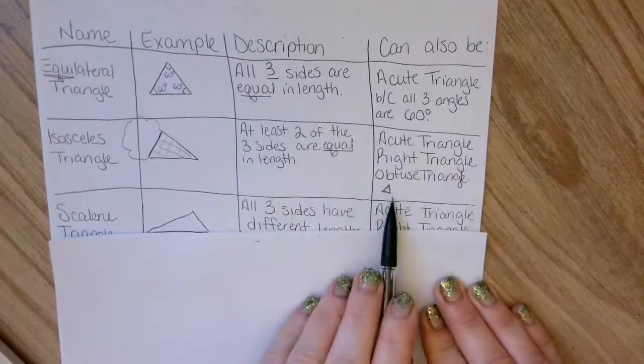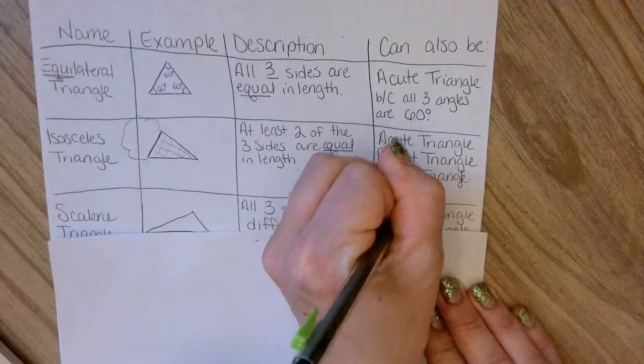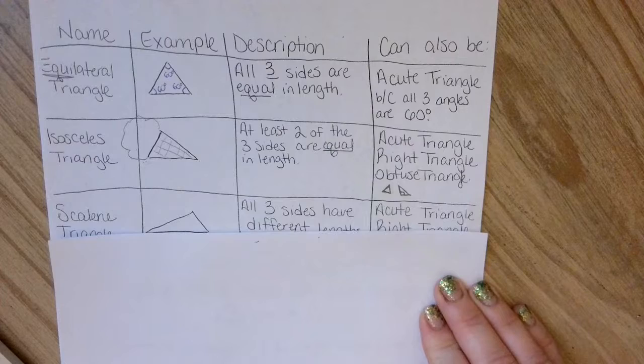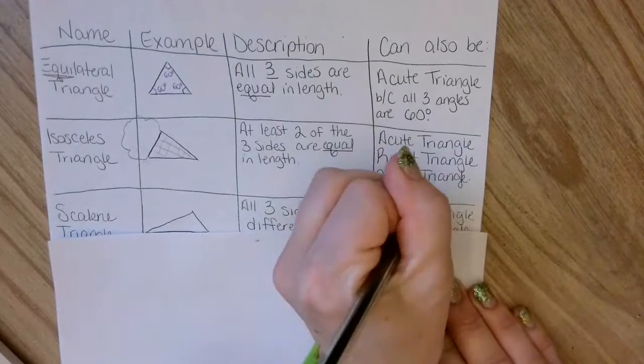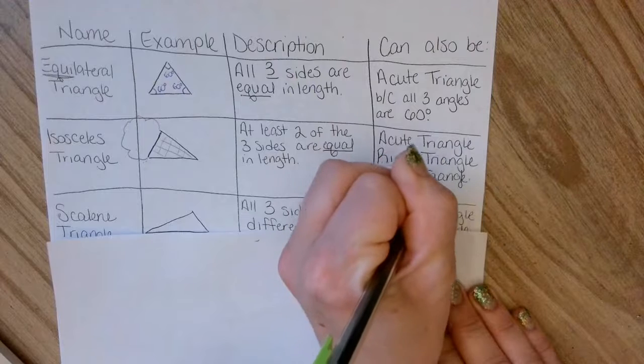So you kind of get the idea. A right triangle means that one of the angles is going to be a right angle. And then an obtuse triangle means that one of them is going to be obtuse.